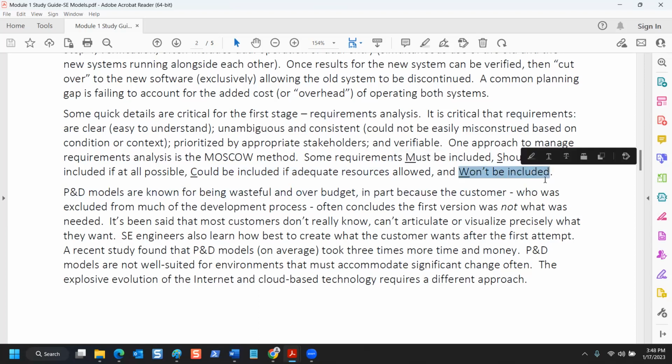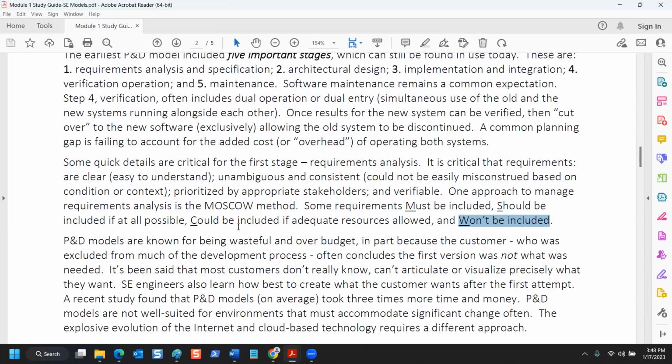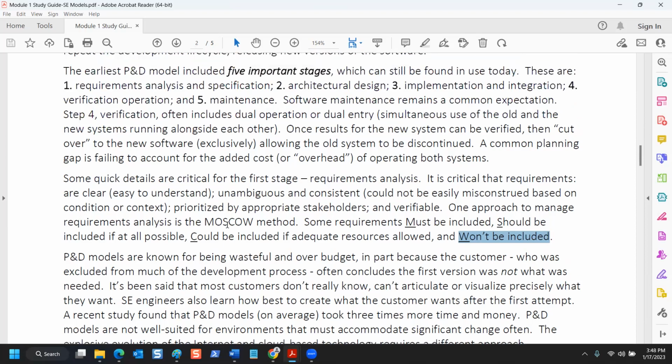We are not going to have a feature that involves online payment because we don't want to protect credit card numbers. We're not doing that, right? So you may decide there are some things that are not part of it. That's called the Moscow method, and it's explicitly associated with requirements analysis, which is which phase? The first phase, right?